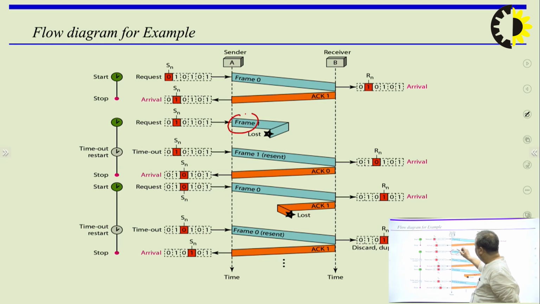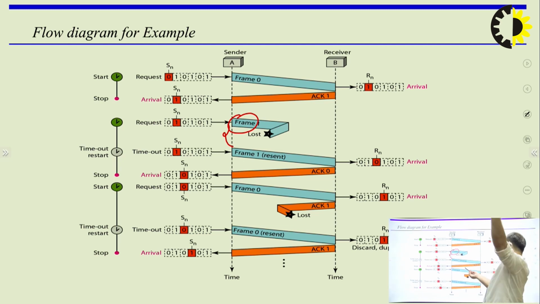Once the timer of frame 1 goes off, it will retransmit. This much is the timer of the frame; when it goes off, the frame is resent, and ACK 0 is for the next frame, the 0th one. Then the next frame is sent.